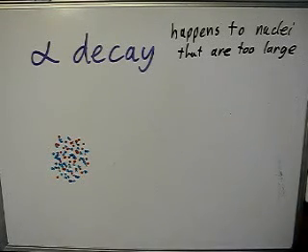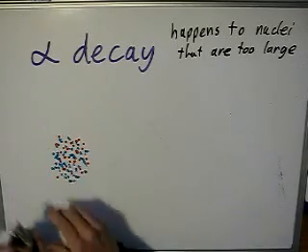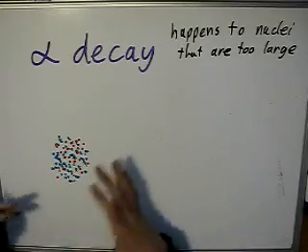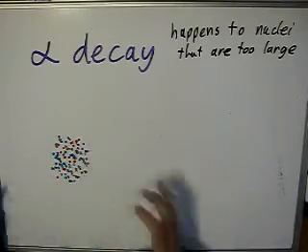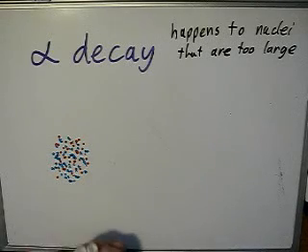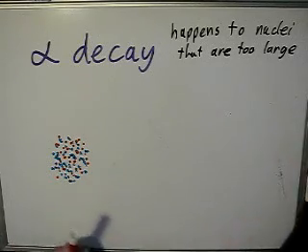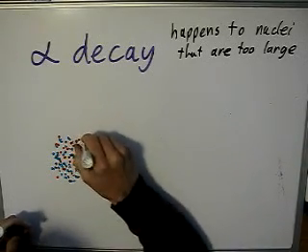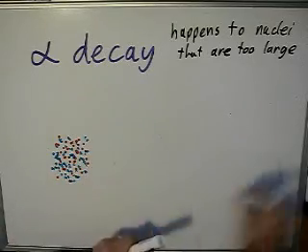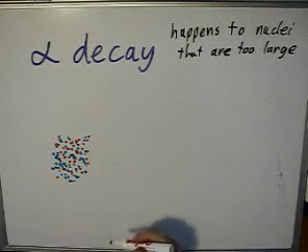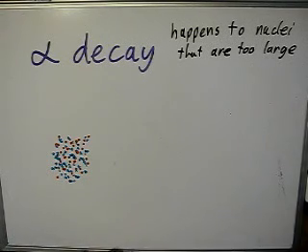The problem is, what if this thing deforms itself in such a way that the nucleus is not a perfect sphere? It kind of wobbles around, like a big bag of jelly that wiggles around in all different directions all the time. Well, if the nucleus is really large, then just by random chance, you might get a little place where some little bit of the nucleus seems to be sticking off to the side, sticking away from the rest of the nucleus just a little bit.